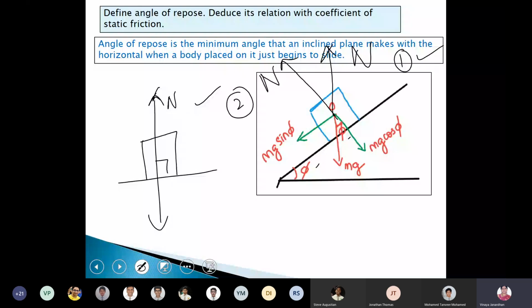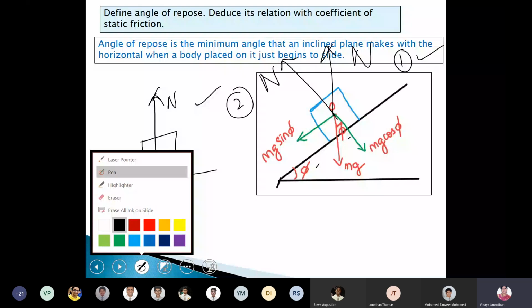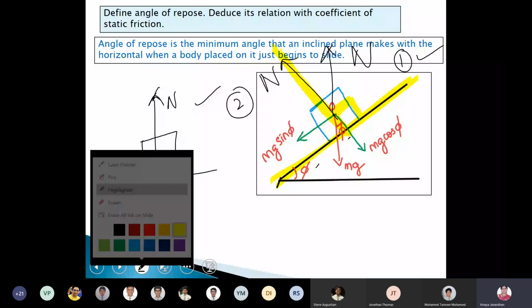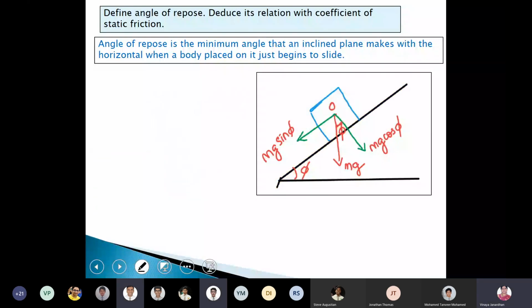Can you see this? So the answer is 2. The normal reaction should always be perpendicular to the surface, the inclined plane. Are you clear, boys?